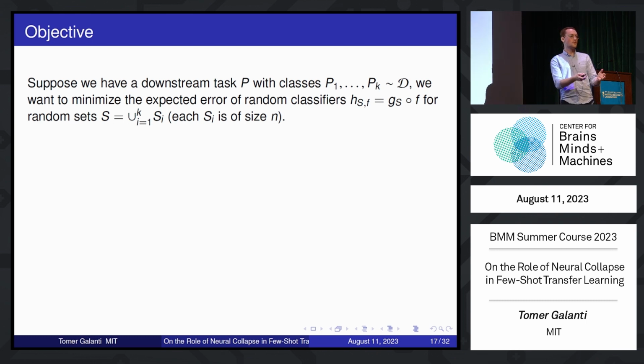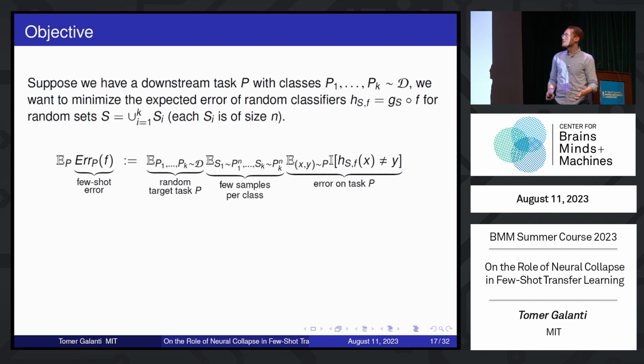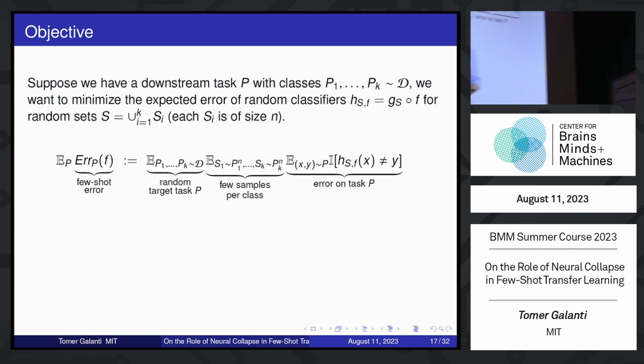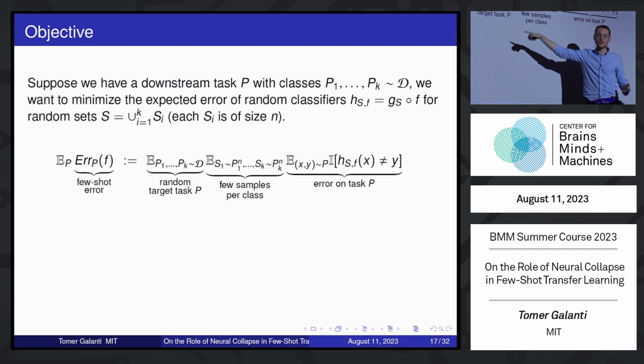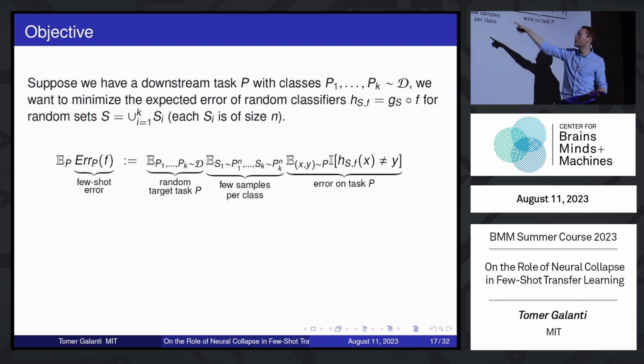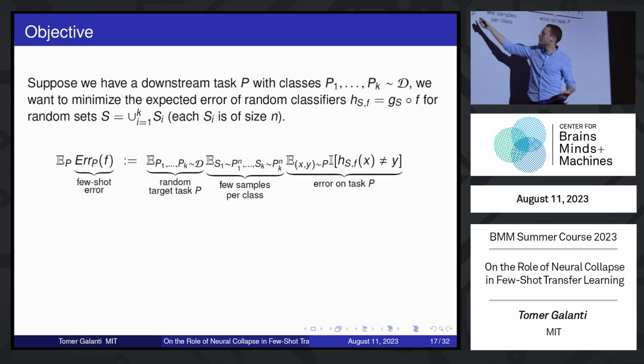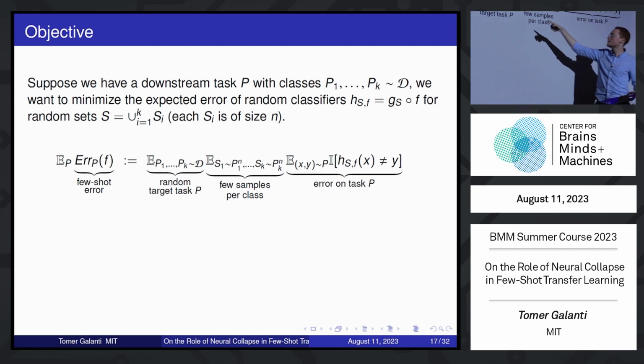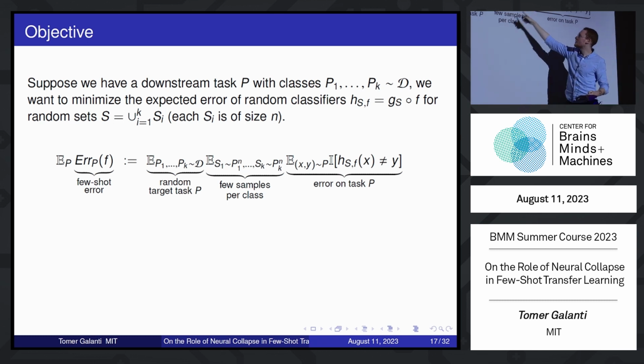We want to measure its performance. So the idea is as follows. This would be like the few-shot error, the expected few-shot error performance of the pre-trained model F. We generate a random target task by selecting the target classes. We select few samples from each one of the classes.